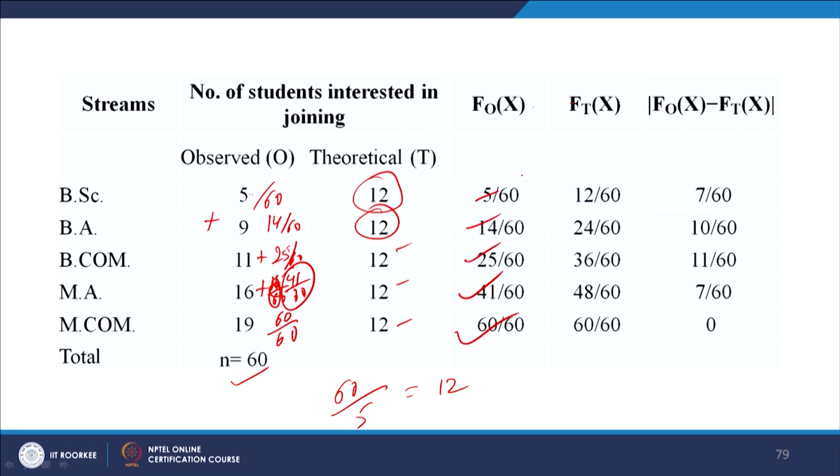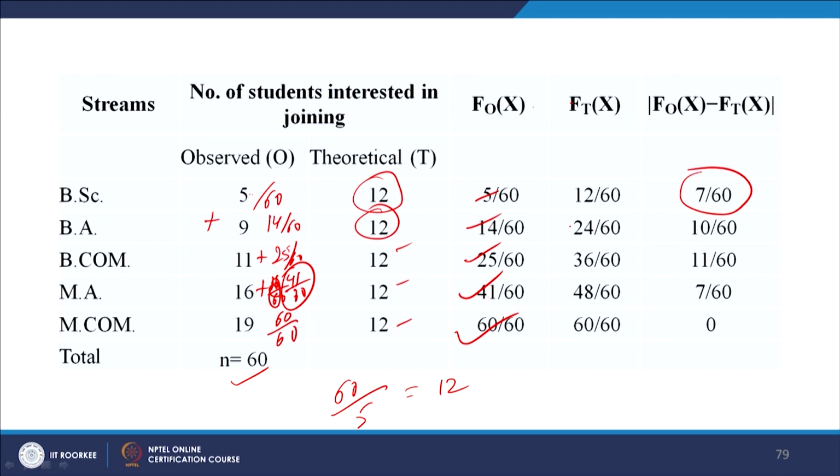Now, what is my theoretical cumulative distribution? It starts at 12 by 60. Next is 24, 12 plus 12, then 36, 48 and 60. So, what is the difference? If we subtract, 12 by 60 minus 5 by 60 is 7 by 60.